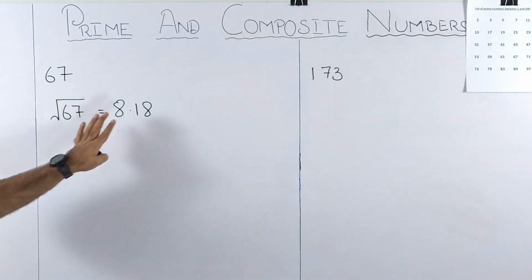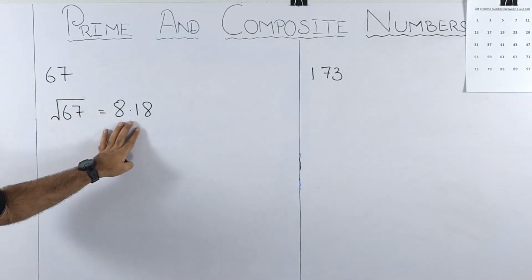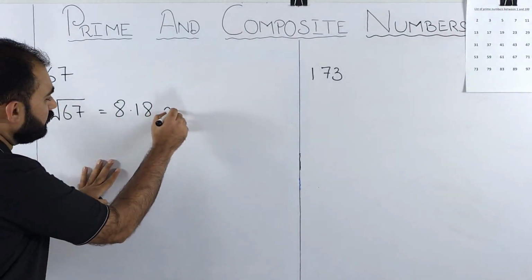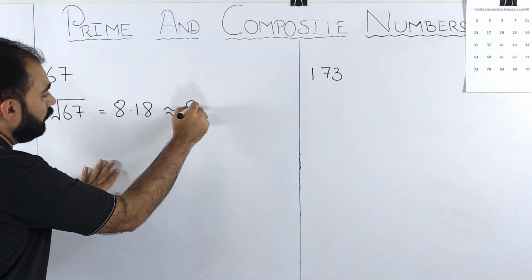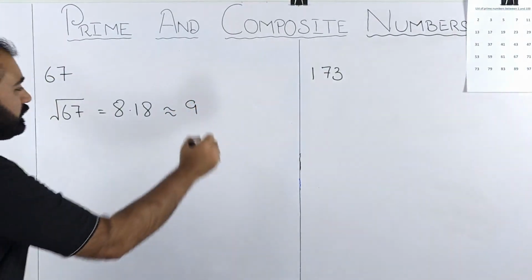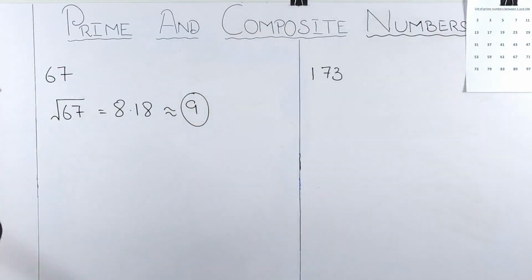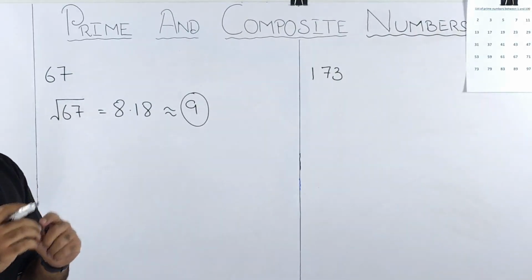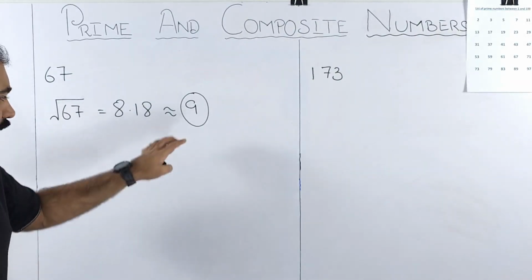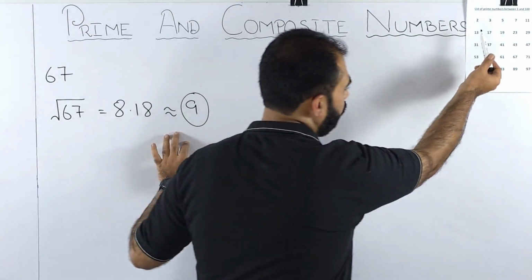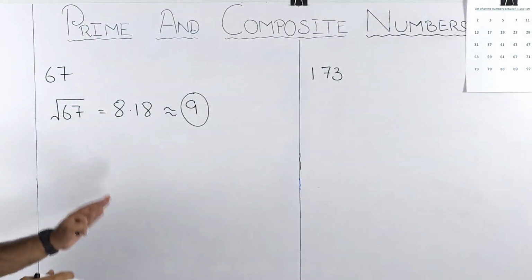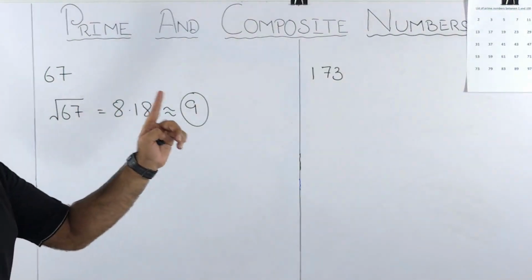Now I will take this 8.18 and convert it into the nearest next whole number, that is 9. Now from 2 to 9, I have to take all the prime numbers. For easy reference, I have put the list here: 2, 3, 5 and 7. Between 2 to 9, I have 4 prime numbers: 2, 3, 5 and 7.